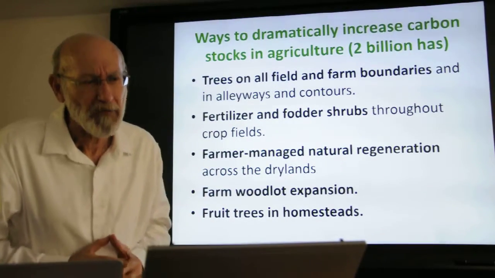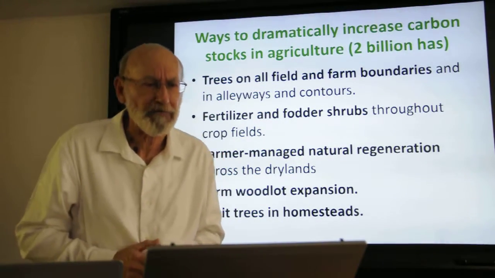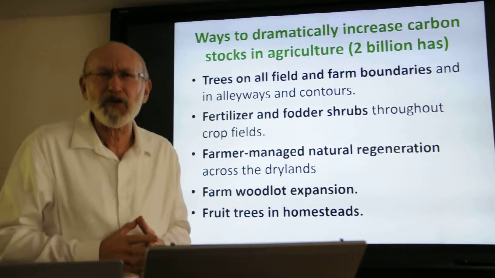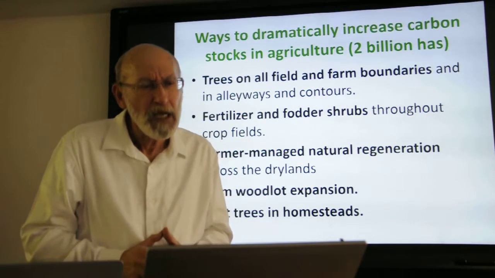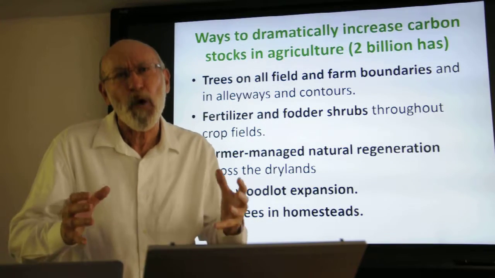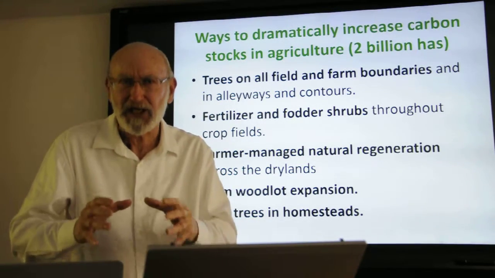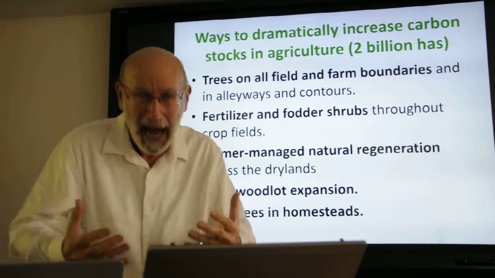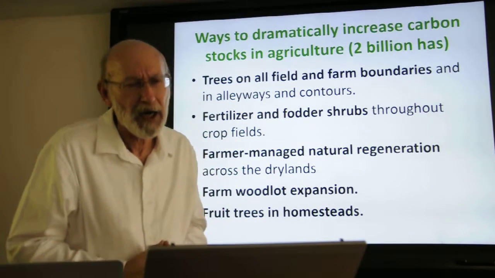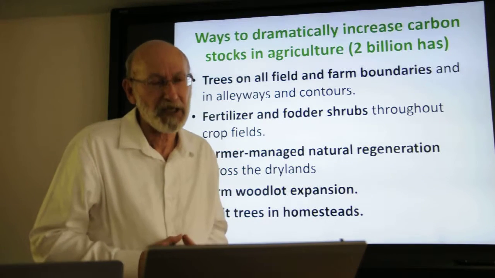Dramatically increase carbon stocks in agriculture, which in Bob Zomer's data set was about 2 billion hectares in the world. Here's a list of some of the key ways in which we can pack trees usefully into agricultural systems, which is happening in many countries around the world, particularly in the tropics.